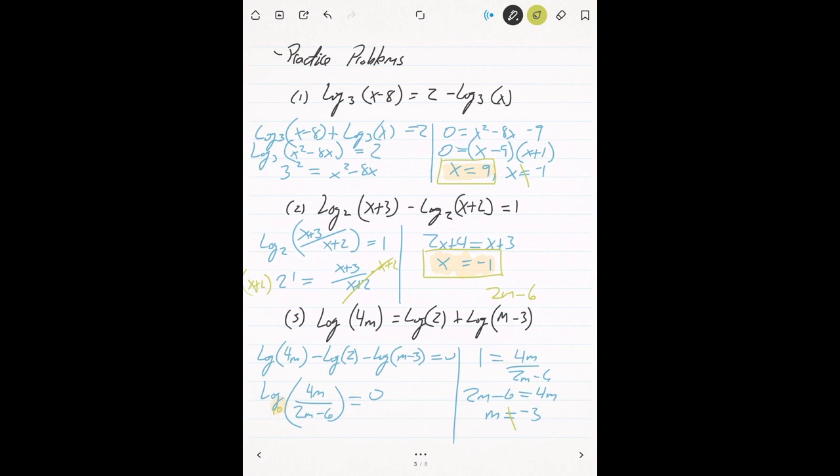If there's no base written, in this class and in my videos, I always mean that you should assume it's an imaginary 10. Our textbook uses that, and in fact, that's how our calculators are programmed. Log with no base written just means there's an imaginary 10 right there.